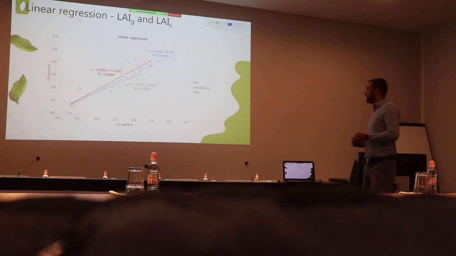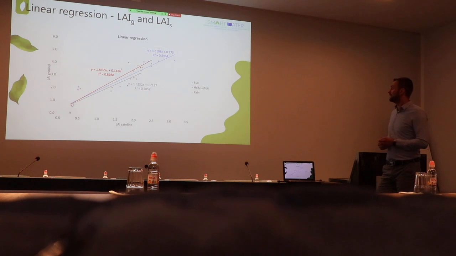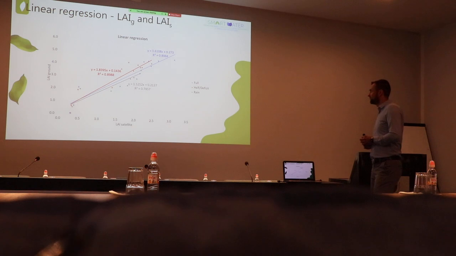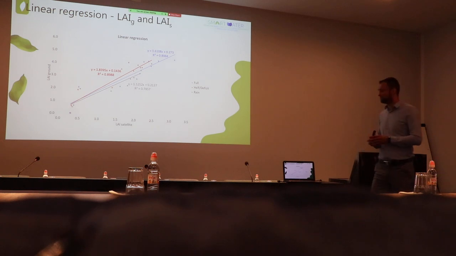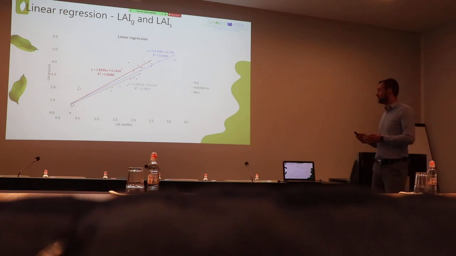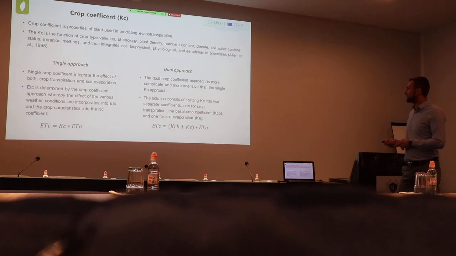As you can see, we got R square almost 0.9, which means it's a very high correlation between these two variables for fully irrigated plots and half irrigated plots, and for plots without irrigation also 0.78. That also means a very good correlation between the two variables.